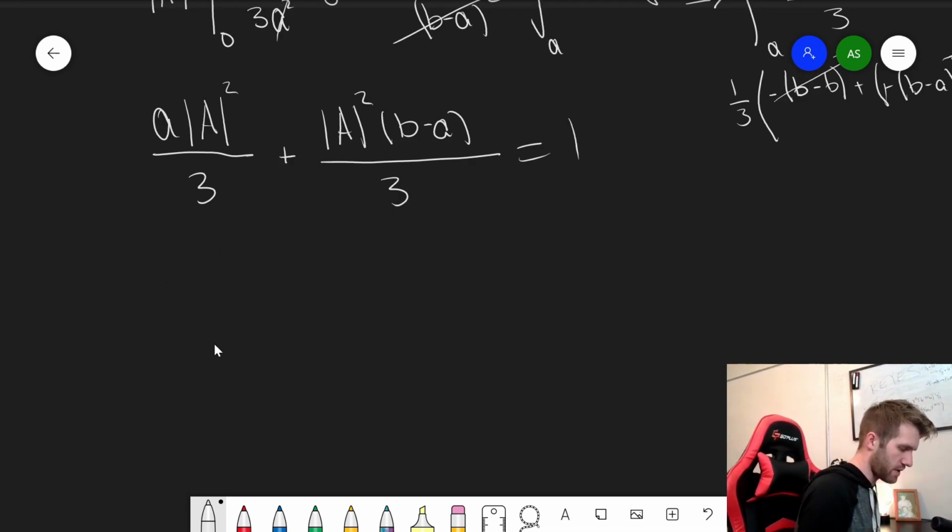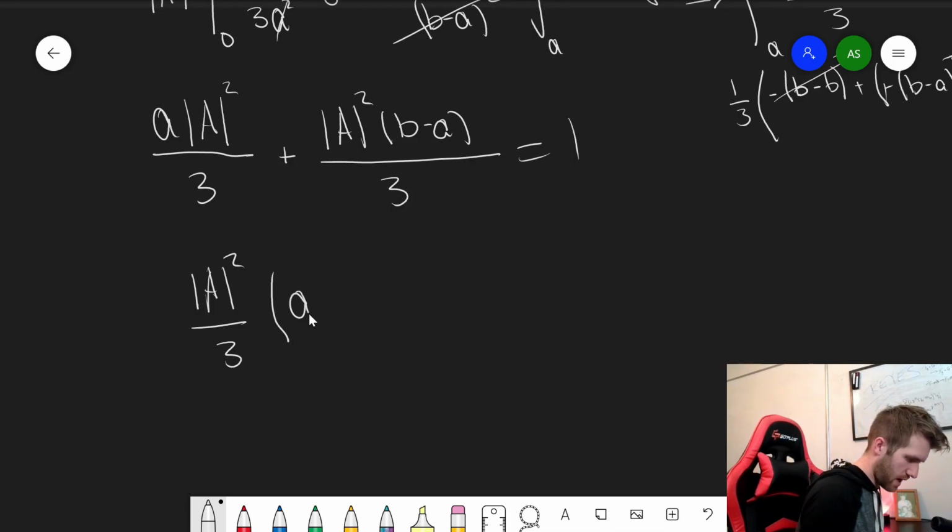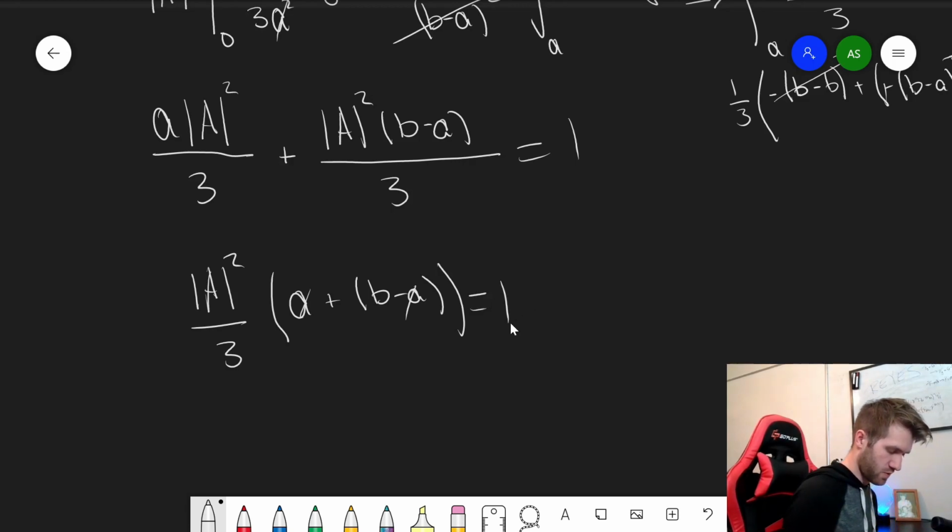Now let's factor out a common term of a squared over 3, and that is going to give us just a plus b minus a, where a's cancel here, and we'll call this also 1.